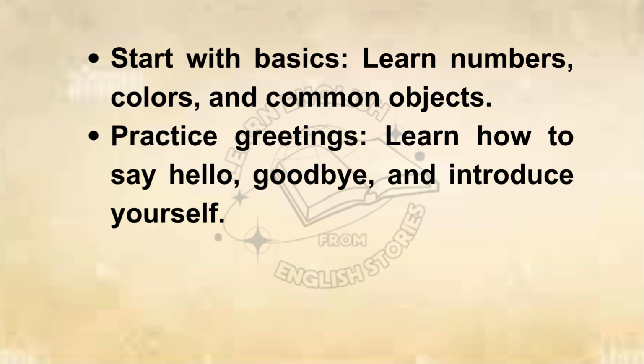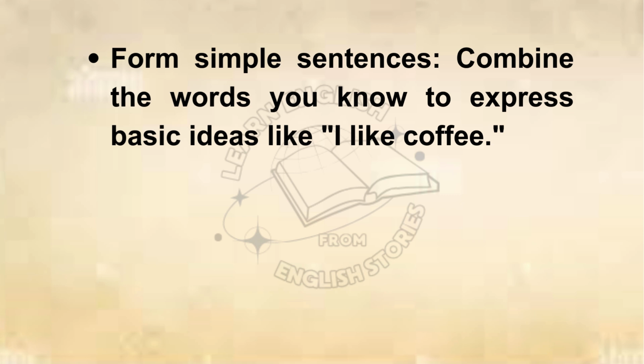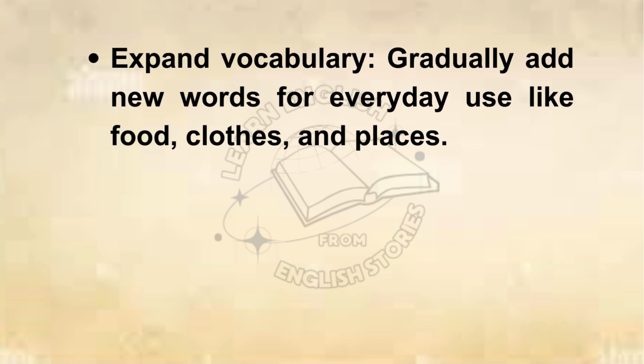Learn how to say hello, goodbye, and introduce yourself. Form simple sentences. Combine the words you know to express basic ideas like, I like coffee. Expand vocabulary. Gradually add new words for everyday use like food, clothes, and places.